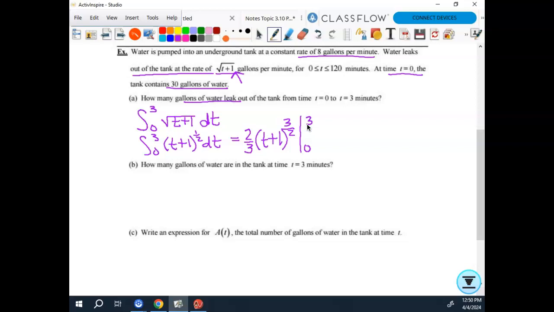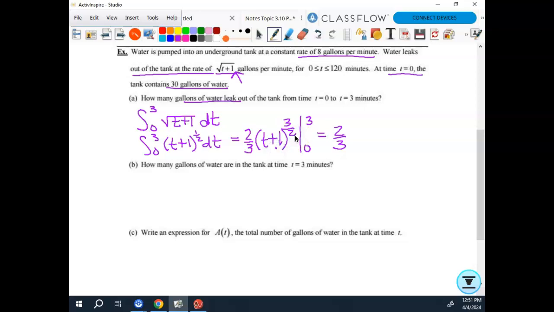Okay, everybody good with that so far? So let's substitute in the 3. I'm just going to write down the 2/3 here. Let's think about what this thing means. So 3 plus 1 is 4. Which one would be easier to do first, the 3 or the 1/2 part? The 1/2. Doesn't this mean I'm going to take the square root and then cube it? Or I can cube it and then take the square root, but I think it's easier to do it the other way.